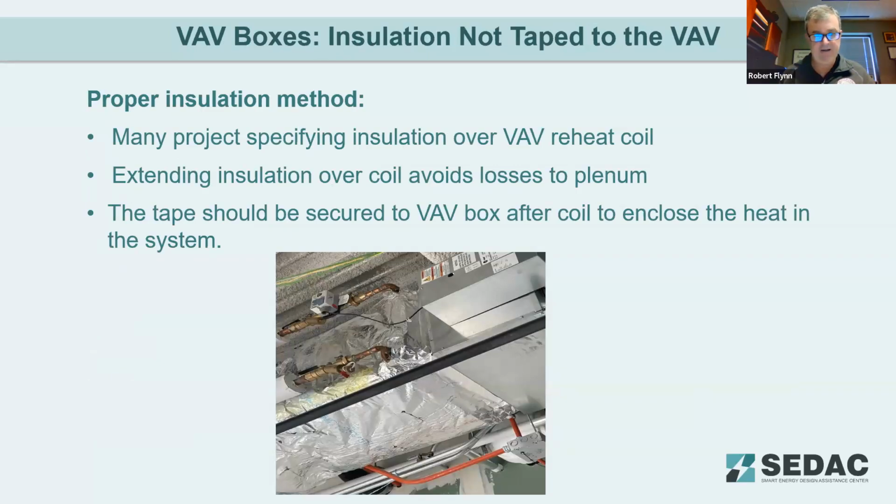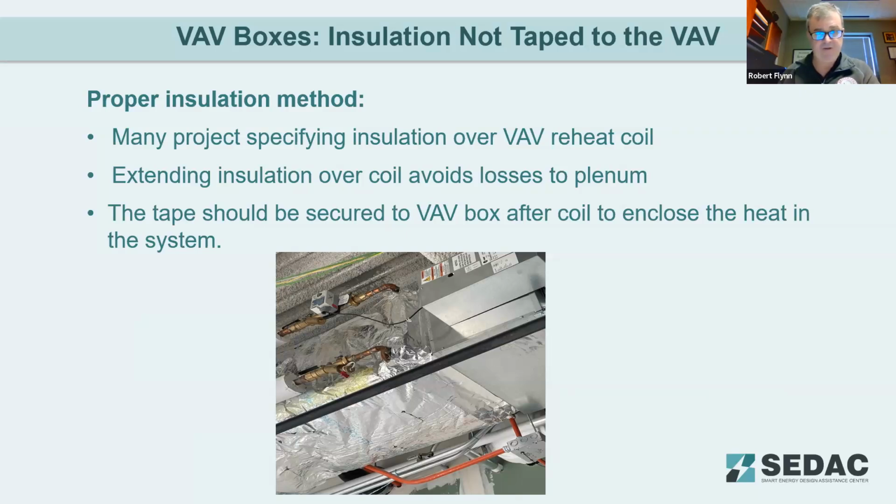And this is the picture of how it should properly be done, taping it up to the VAV box and actually covering the coil. As you can see, many projects specify insulation over the VAV box coil.